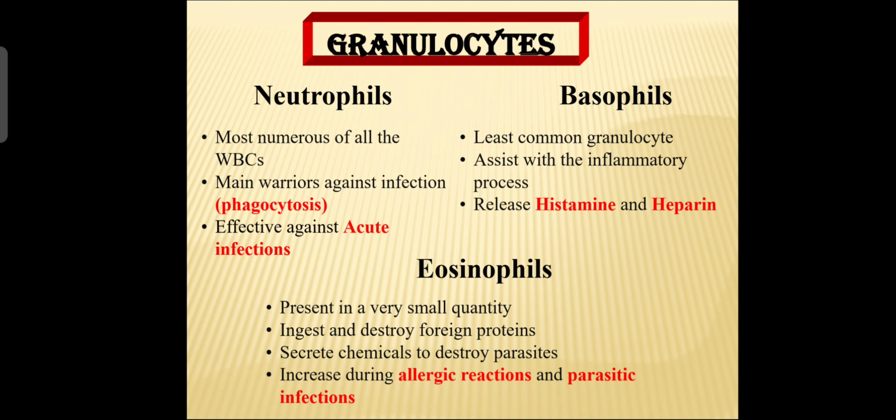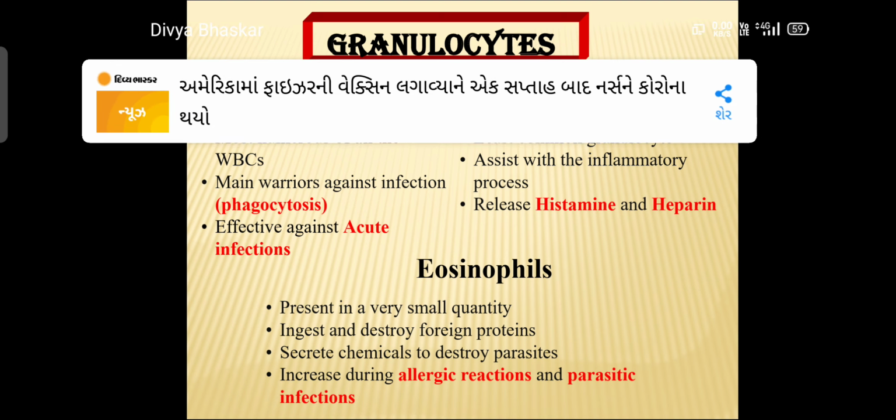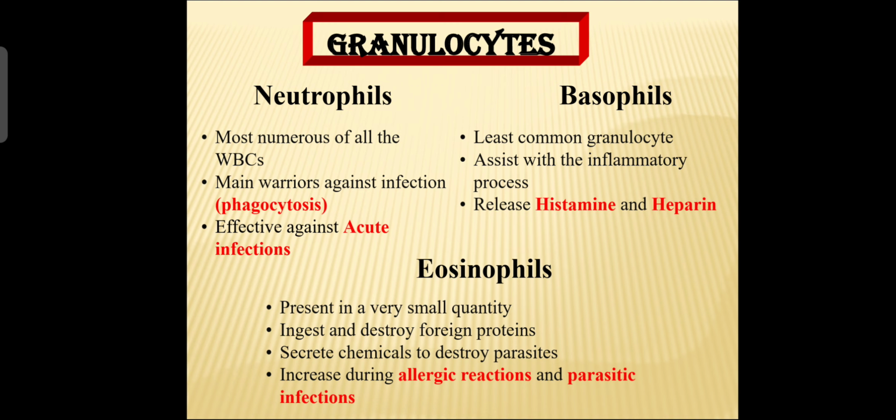So which are the granulocytes? Neutrophils are the most numerous of all the WBCs, the main warrior against infection. Phagocytosis, effective against acute infection. Basophils, least common granulocyte, assist in the inflammatory process, and release histamine and heparin.